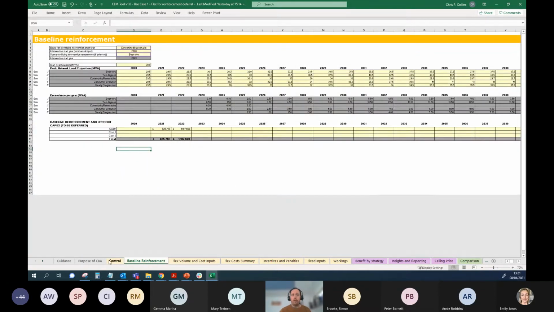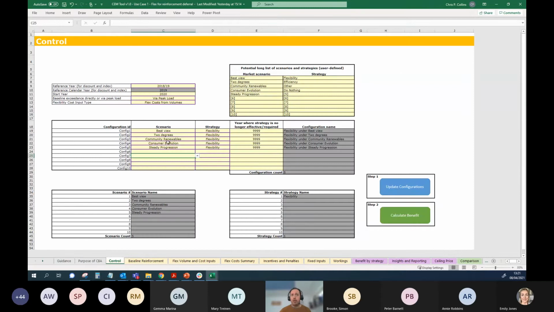Once you've defined how many scenarios you're looking at, you need to put in some inputs for each of those. We're going to leave it as 5 different scenarios and 1 different strategy. So what we're effectively saying is we're going to compare using flexibility versus the baseline reinforcement scenario, and we're going to do that for 5 different scenarios.